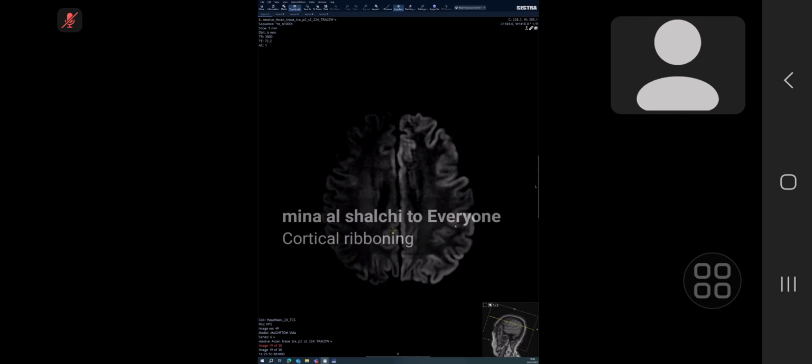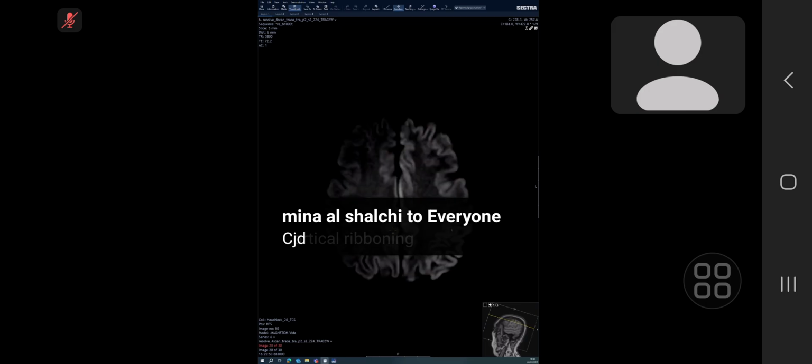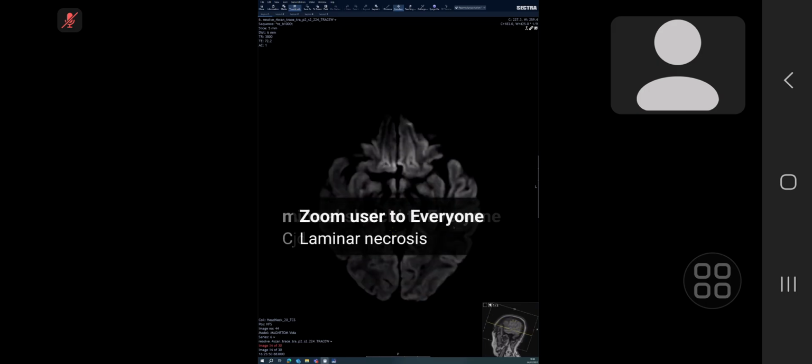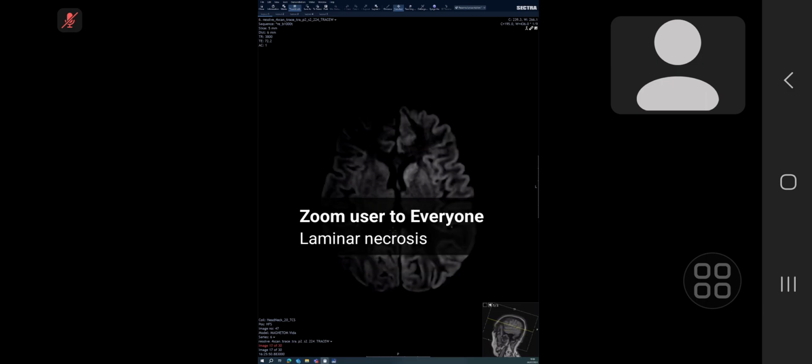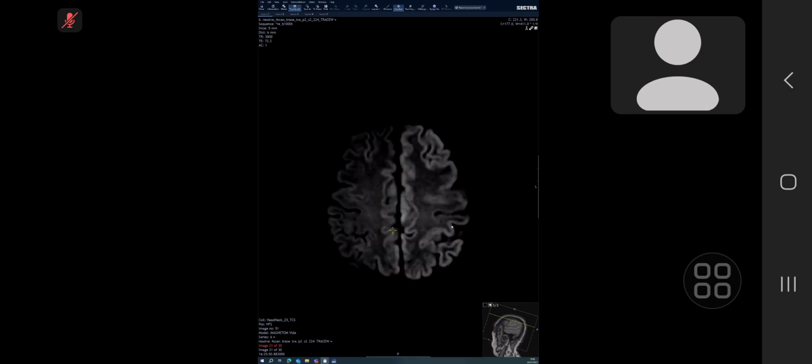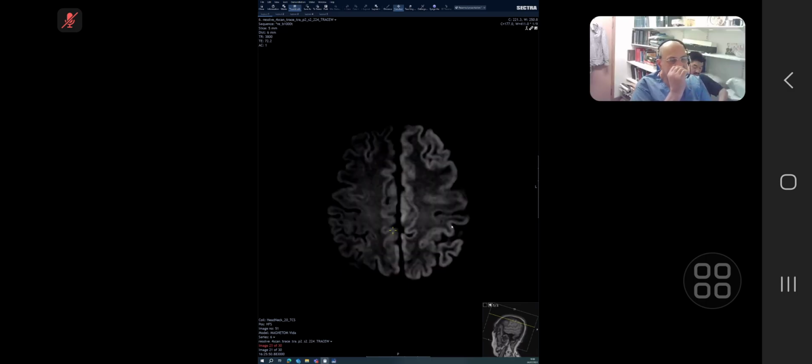Sir, this diffusion restriction of the cerebral cortex determines that there is a decrease in blood supply of the cortex, because the cortex is highly susceptible to brain ischemia, even to slight changes.